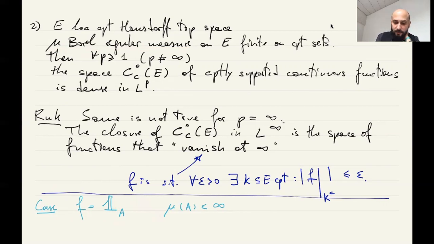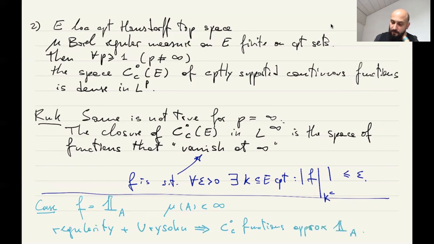So in brief, regularity plus Urysohn tells us that C0 functions approximate the characteristic function of any set of finite measure. Okay, this is in brief the two density theorems that I wanted to discuss.